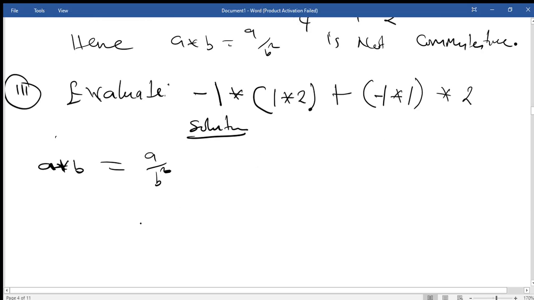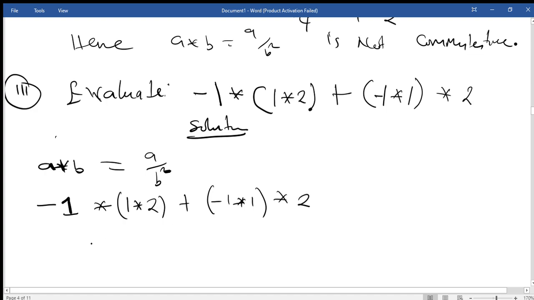So in this situation, let's try to be replacing step by step. We have -1 star open bracket 1 star 2 plus -1 star 1 star 2.